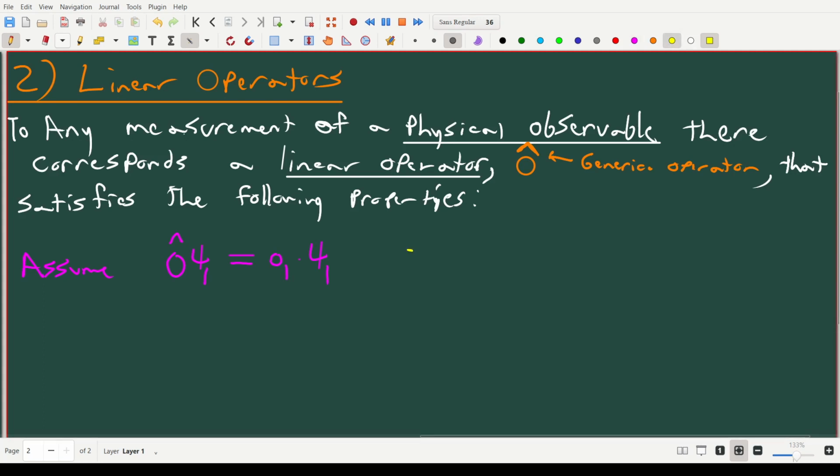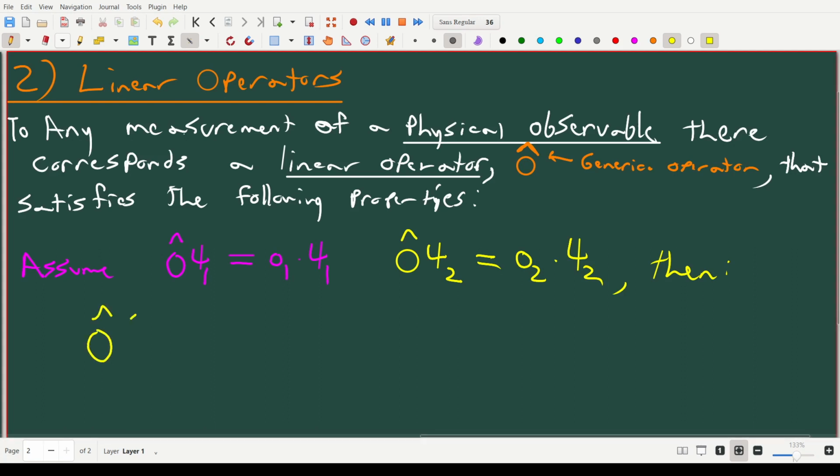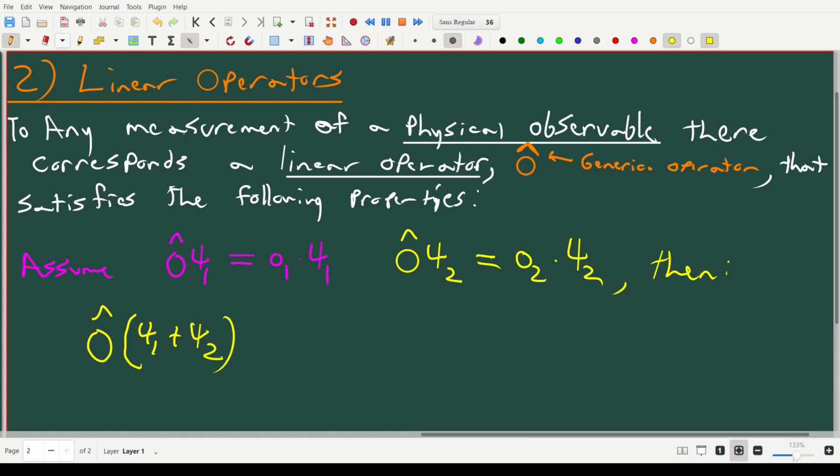And let's make one more assumption, that when you apply O to a different wave function, and let's say you get a different number, O2 times psi2, then when you take the operator and apply it to the sum of these two states, so if psi1 is white, psi2 is black, now we're going to measure something that's black and white together.